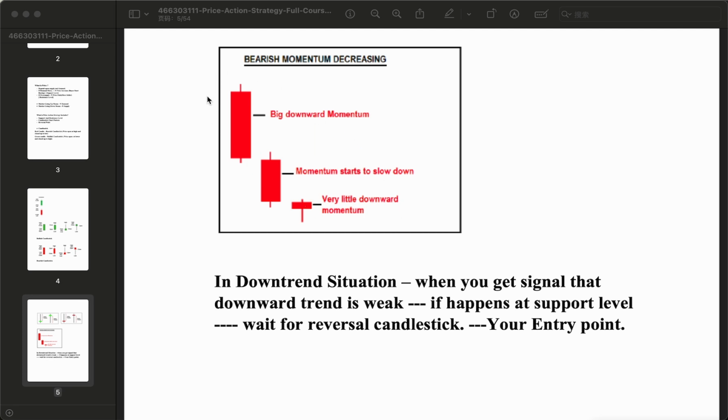It is still downward momentum, but it goes much slower given time. It shows a clear process of how the selling power is diminishing, from a big downward momentum until the momentum starts to slow down, and then in the end a very little downward momentum.